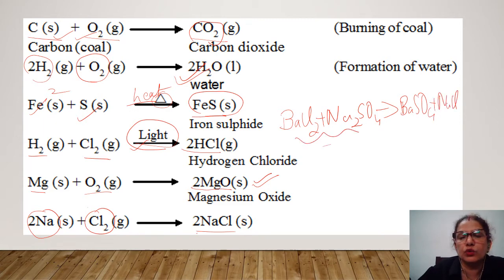So you see there are 2 substances which are reacting and they form 2 new substances. So it can come under a combination reaction. This way, combination means any 2 substances reacting to form 2 or more new substances.